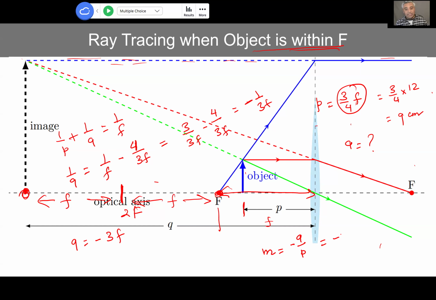There is a negative sign in the formula and a negative sign in the Q, and then P was, how much was P? P is 3F over 4, which means times 4 over there, right?